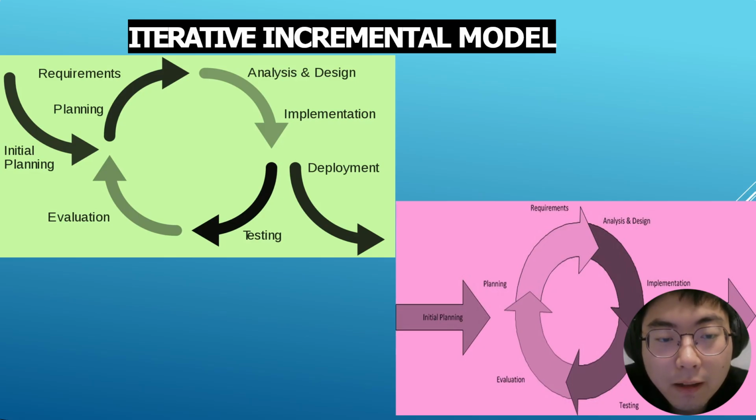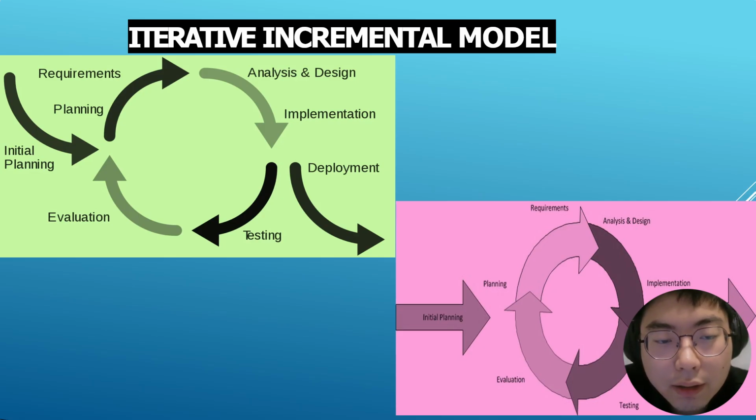With each iteration, a new functional portion of the software is delivered, incrementally building up the product, for example, from version 1 to version 2 and then to version 3.